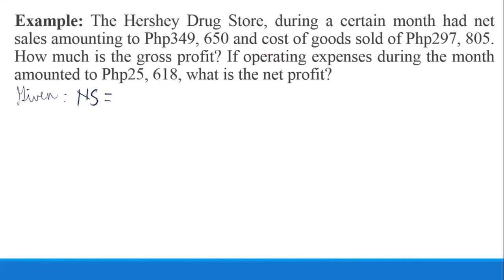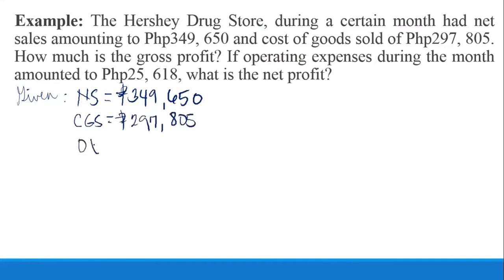So during a certain month, yung drugstore ay nagkaroon siya ng net sales which is equal to 349,650 pesos. Tapos, the store had a cost of goods sold. Nakabenta siya ng 297,805 pesos. And then, we have the OE. So, ano yung OE? The operating expense.